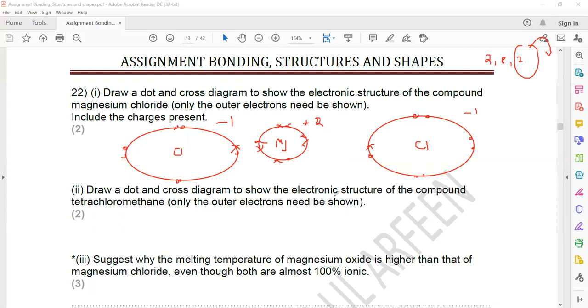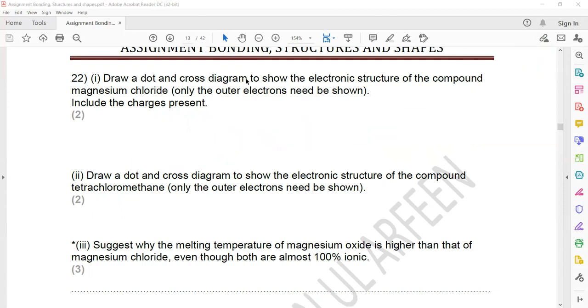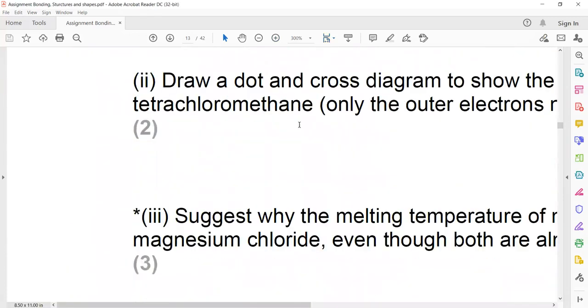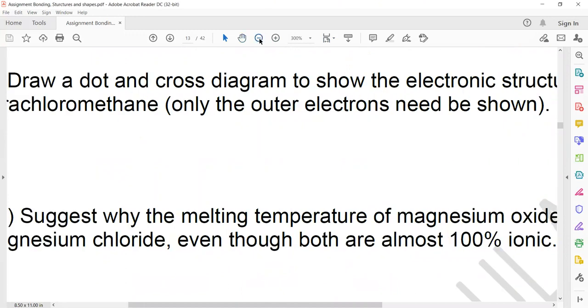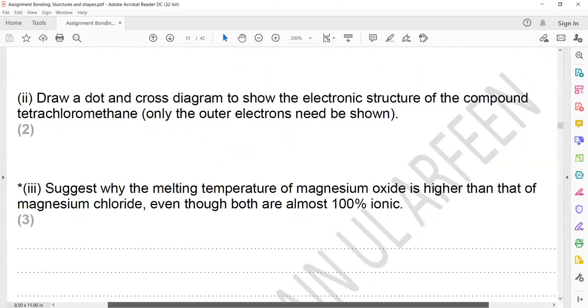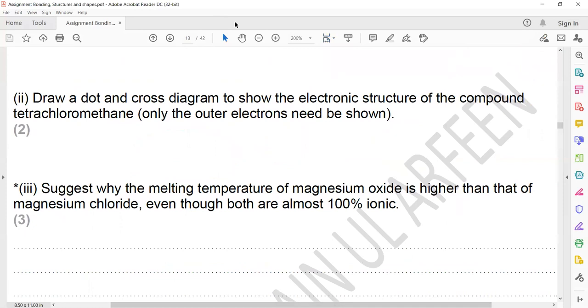Then draw a dot and cross diagram to show the electronic structure of the compound tetrachloromethane. Tetrachloromethane is a covalent compound. So how can we draw the structure of tetrachloromethane? There are 4 chlorines, and meth means 1 carbon, so there will be 1 carbon and 4 chlorines.